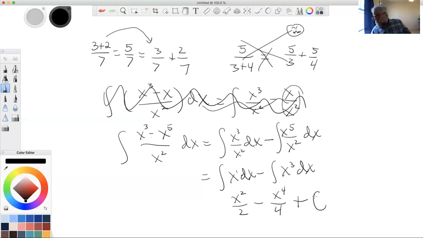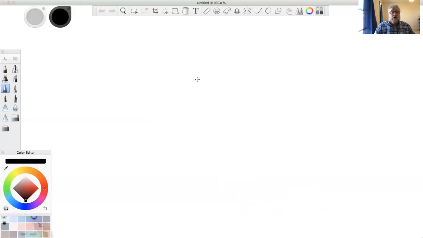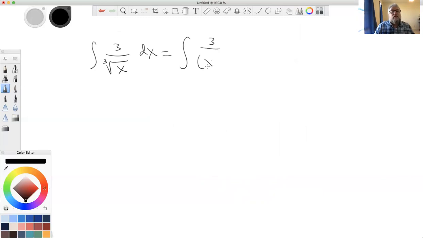And lastly, here's the last kind of example I just saw in the homework. Let's say we want to integrate 3 over cube root of x. Obviously, we're going to rewrite this. 3 over x to the 1/3.